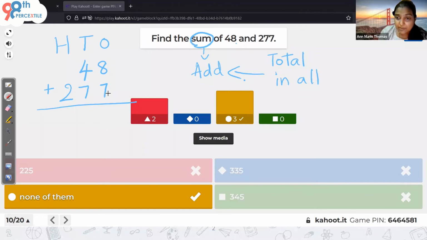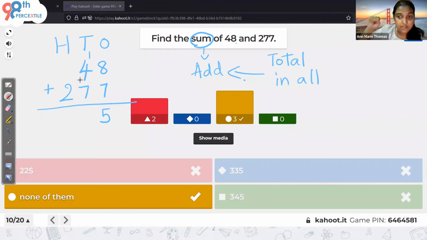8 plus 7. 8 in your mind and 7 fingers: 8, 9, 10, 11, 12, 13, 14, 15. Excellent. 5, and you have 1, which will carry over here. 4 plus 1, 5. 5 plus 7.